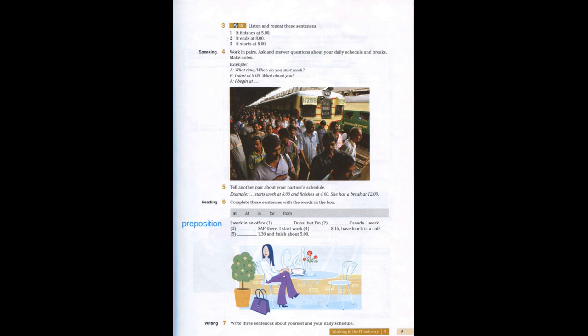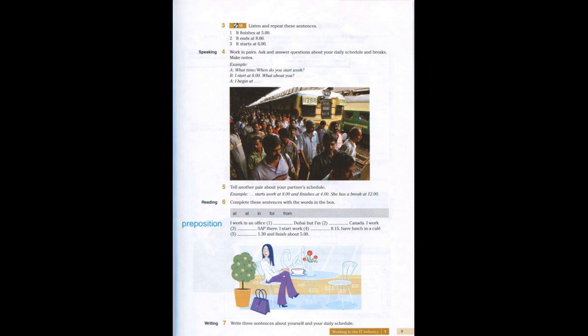But they have specific uses. You should know when to use at, when to use for, when to use from, and so on. So we want to complete this reading with the appropriate preposition. I work in an office, blank Dubai.